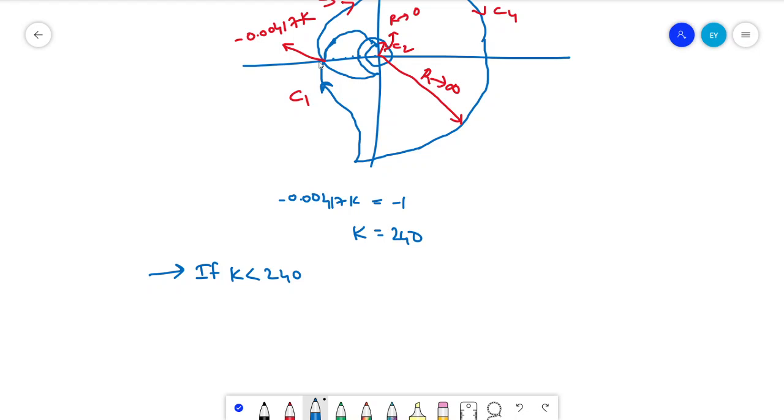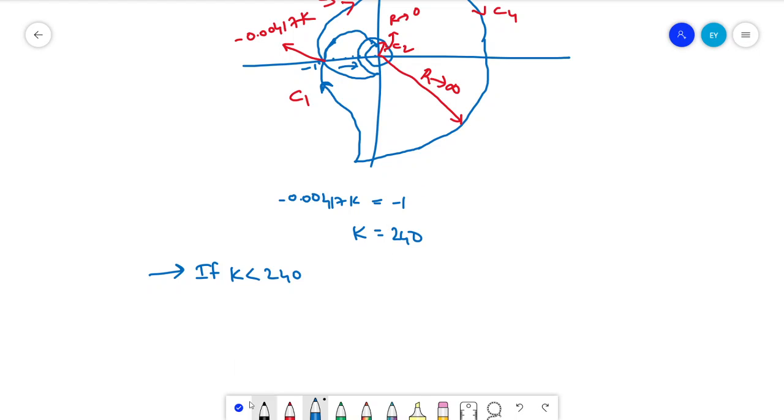K value will be somewhere here. Okay, -1 will be somewhere here. And if you are considering K value less than 240, the encirclements will be shifted this way towards the origin. Therefore in this particular case, if you are traveling this way and you see the -1 point on your left side, the system is stable.